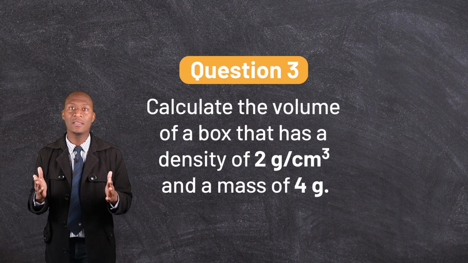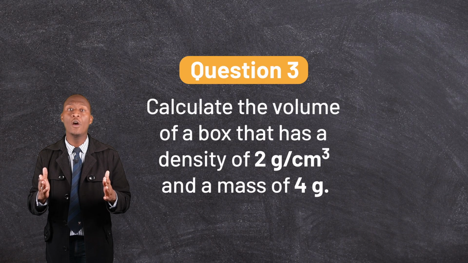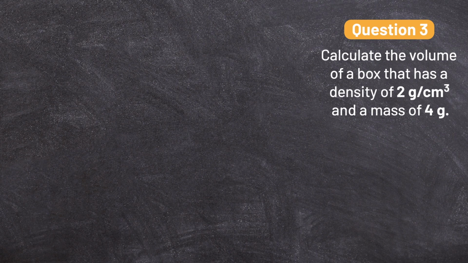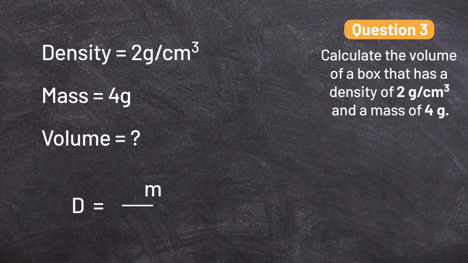As always, we write down all the relevant information for the specific equation. When you look at this question, the density given is 2 grams per cubic centimeter. The mass given is 4 grams. So we are trying to calculate what the volume is. The next step is always the formula: density equals mass divided by volume.